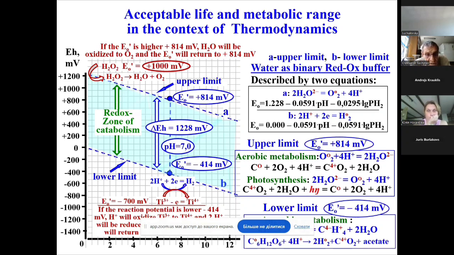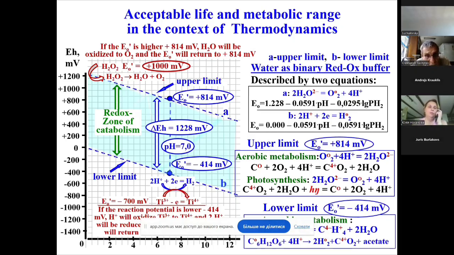Here you can see the thermodynamic evaluation of the zone of potential metabolic activity of microorganisms. It is close to the zone of water stability in coordinates pH and Eh.